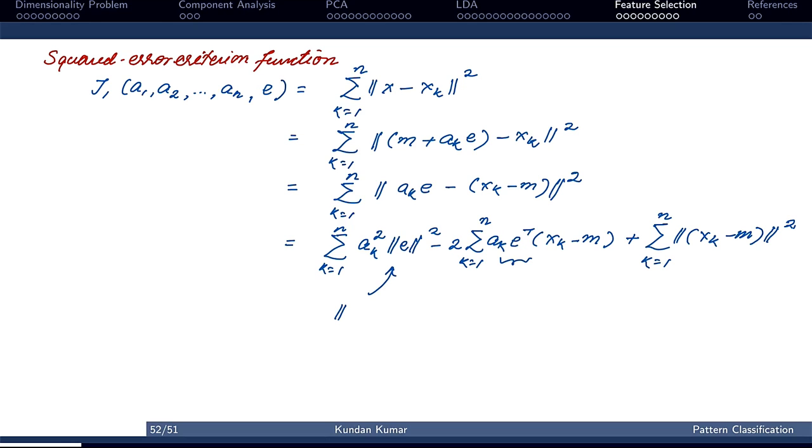So the magnitude of e is 1. So we can put that here and we will try to solve this problem, because we have to minimize this cost function.